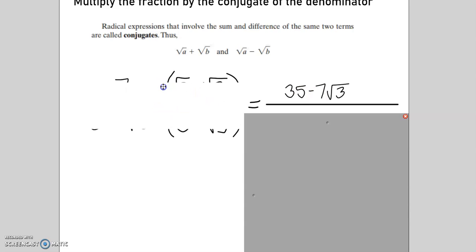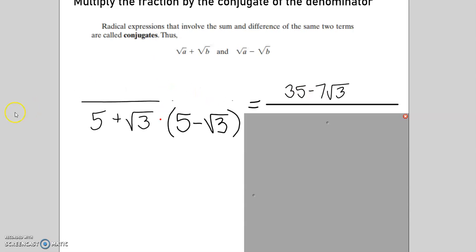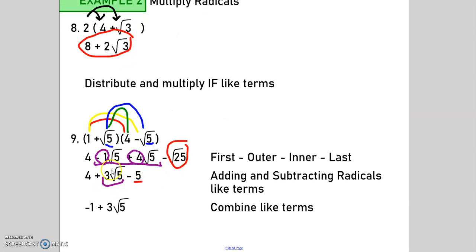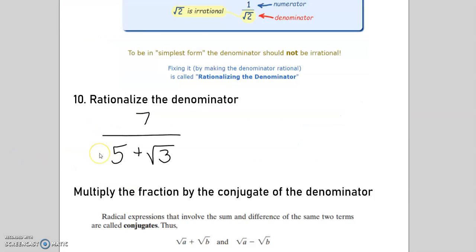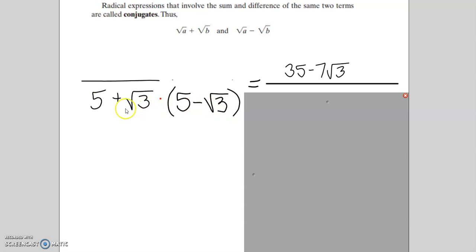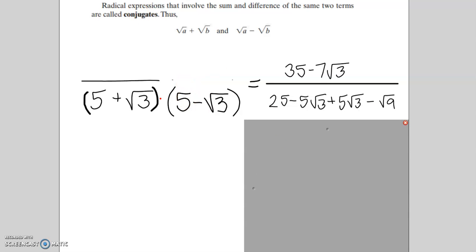Okay, and the same thing for the denominator. Now we focus on that, just like we did in the second example. When I'm multiplying two binomials together, two expressions that have two terms in them, we need to FOIL. So maybe this will help see that a little bit clearer. So I need to FOIL, okay? 5 times 5 gives me 25.